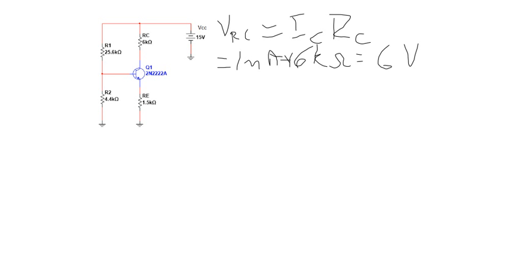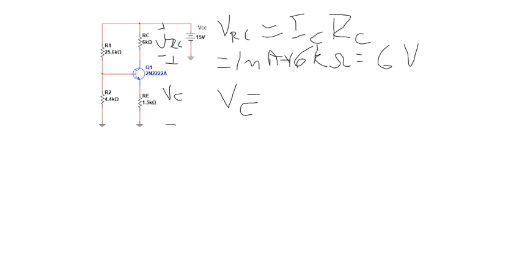From that, we can find VC. We can do a Kirchhoff's voltage law here. We know VC is the voltage drop from there to ground, right? Here's my voltage drop across the resistor. So those two have to add up to equal the supply voltage by Kirchhoff's voltage law.